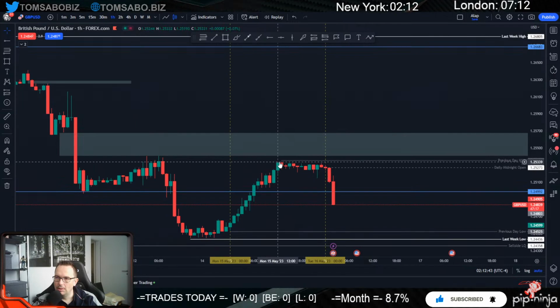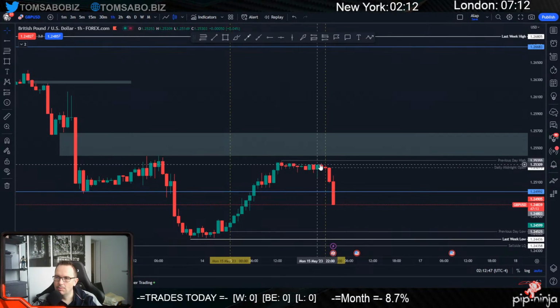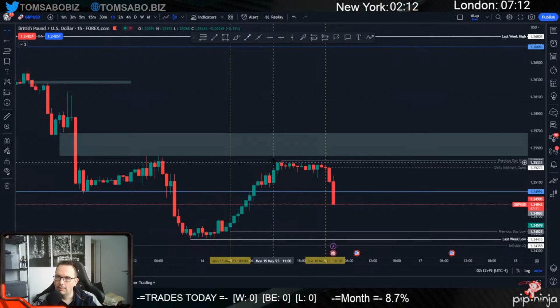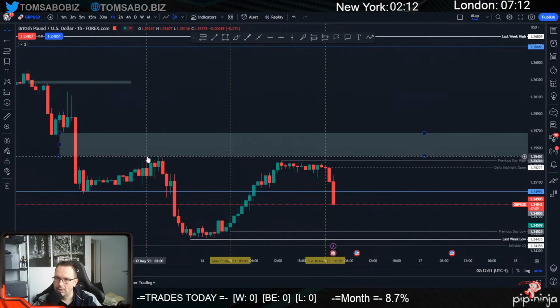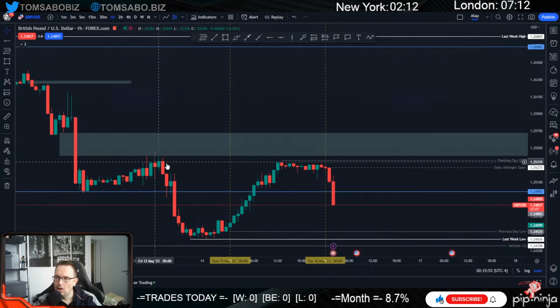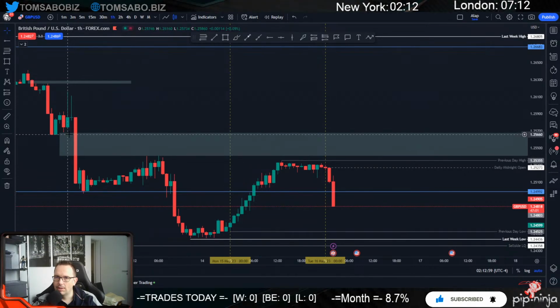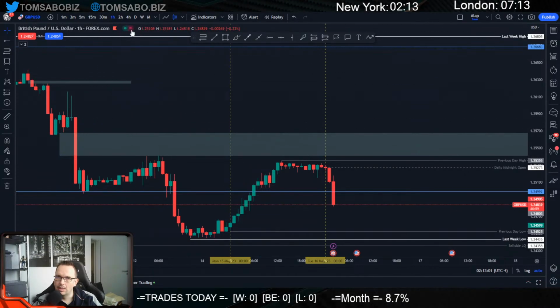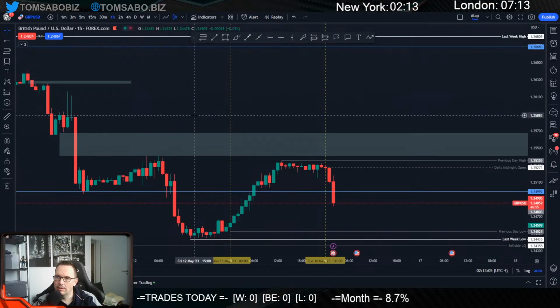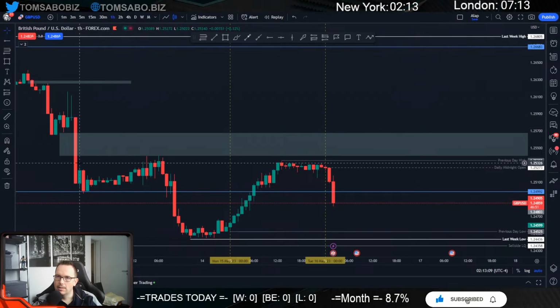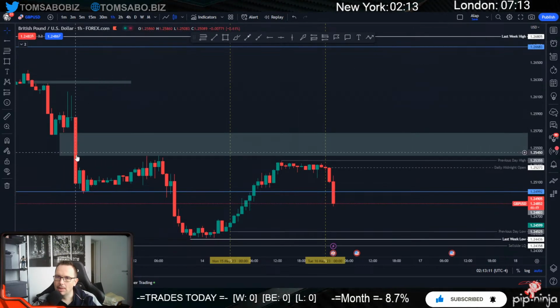But up here, this is kind of a smooth area right there. Not to mention this, not so perfect, but almost like an equal high. And this fair value gap is an area of liquidity imbalance, of course.